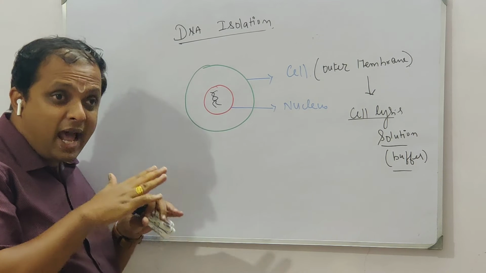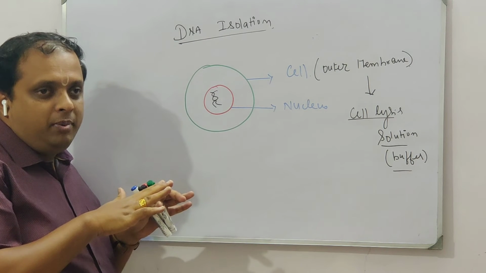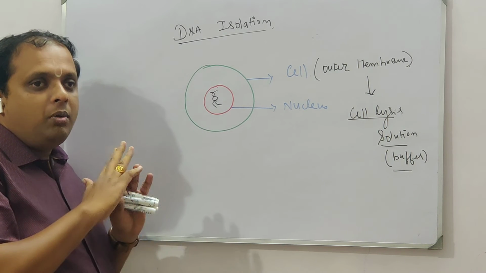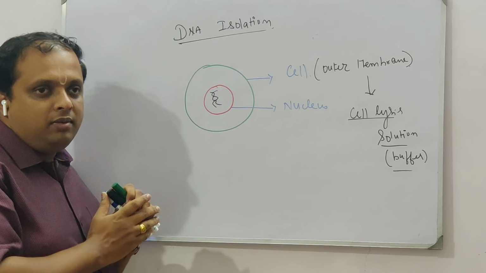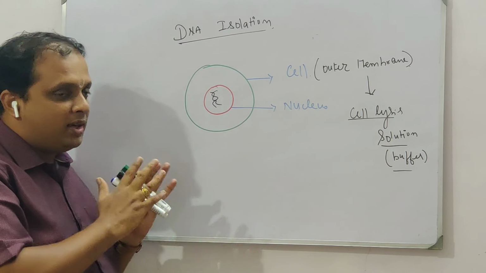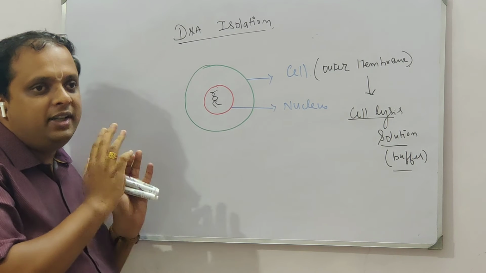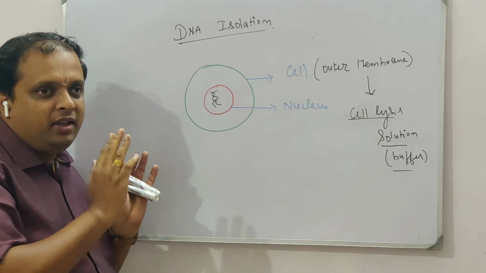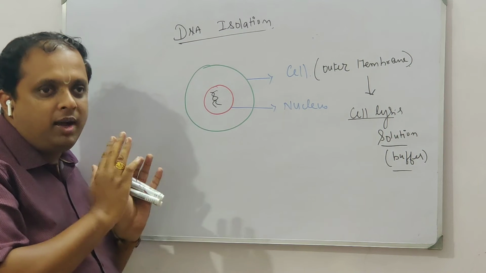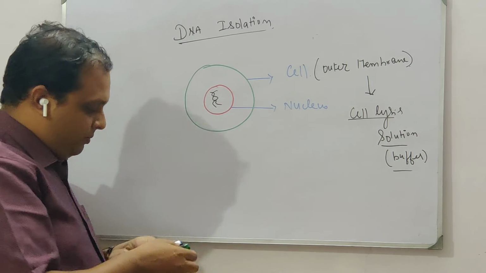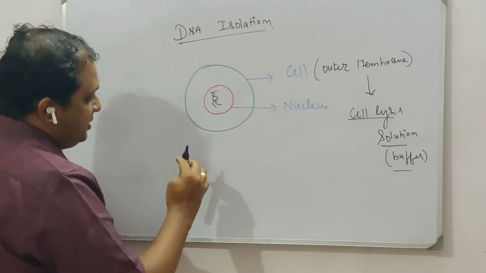So in case there is going to be an animal cell, I repeat, since there is no cell wall, only plasma membrane is there, you can just simply add a detergent which will disrupt the cell plasma membrane, right? So I hope this is the first step.